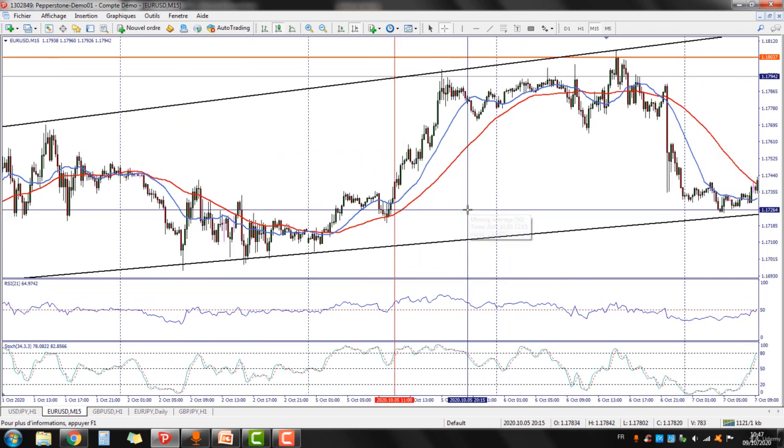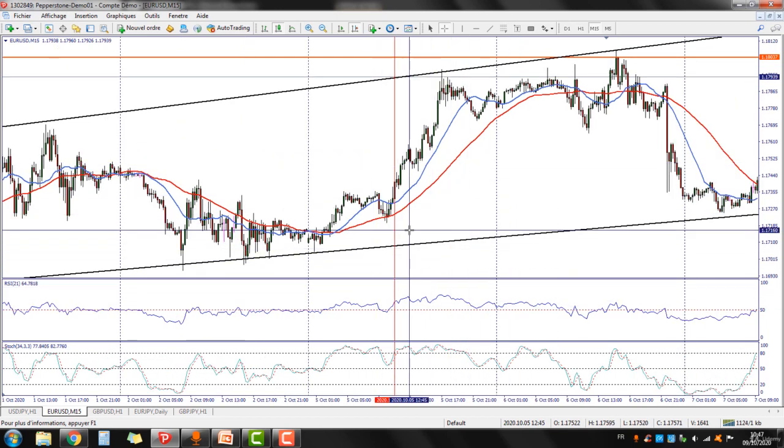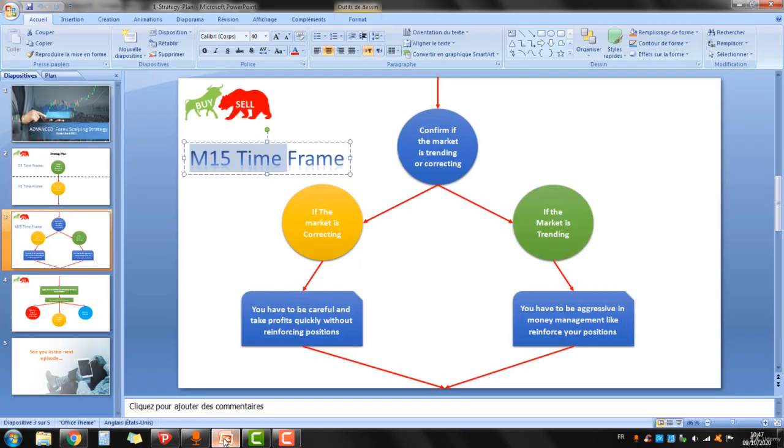Okay, so let's look at the strategy plan. If the market is trending, you have to be aggressive in money management, like reinforce your position. If the market is correcting, you have to be careful and take profit quickly without reinforcing your position.